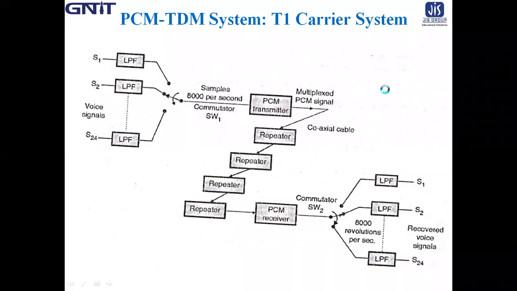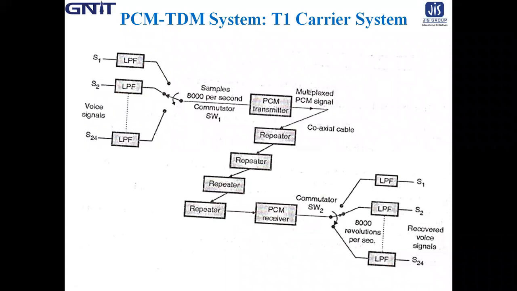Next is multiplexing using PCM signal. One of the advantages of PCM signal is multiplexing. We have already noted the advantage of converting an analog signal into a PCM signal when the signal must be transmitted over a noisy channel.